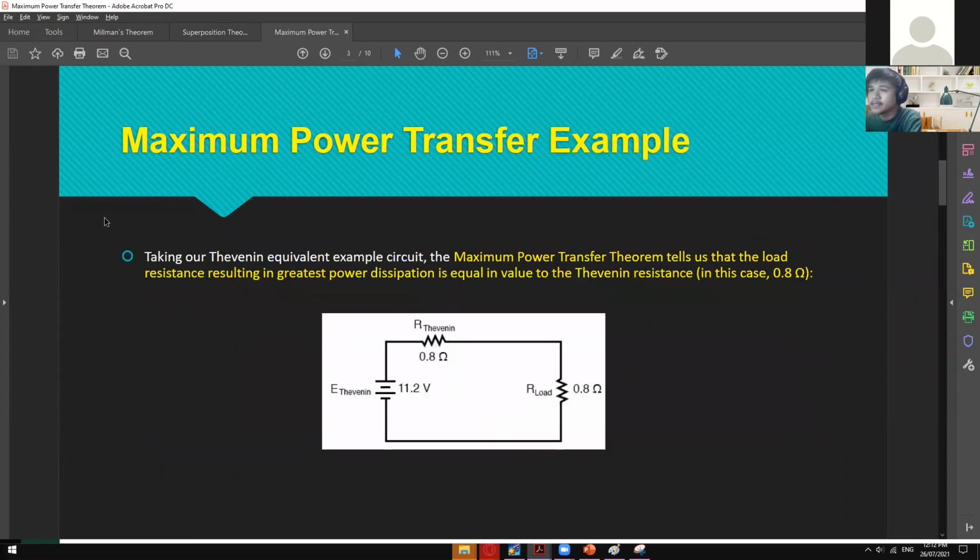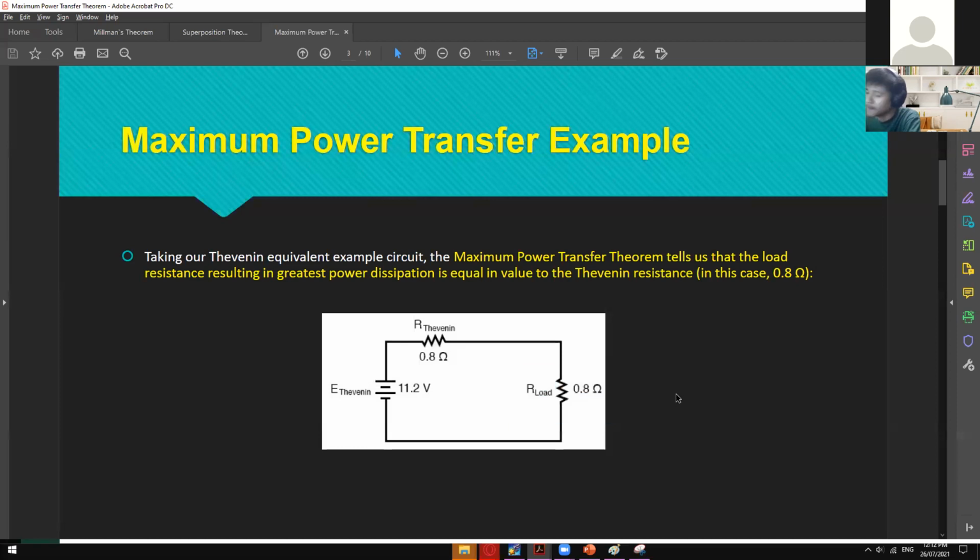So let's have this example. This is already a computed result. We have already applied Thevenin's theorem, and we've got a value of 0.8 for R Thevenin, 11.2 for E Thevenin, and an R load of 0.8.